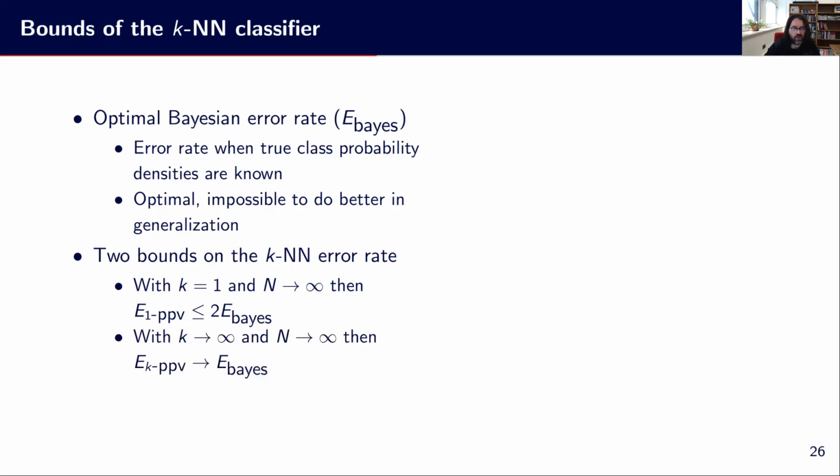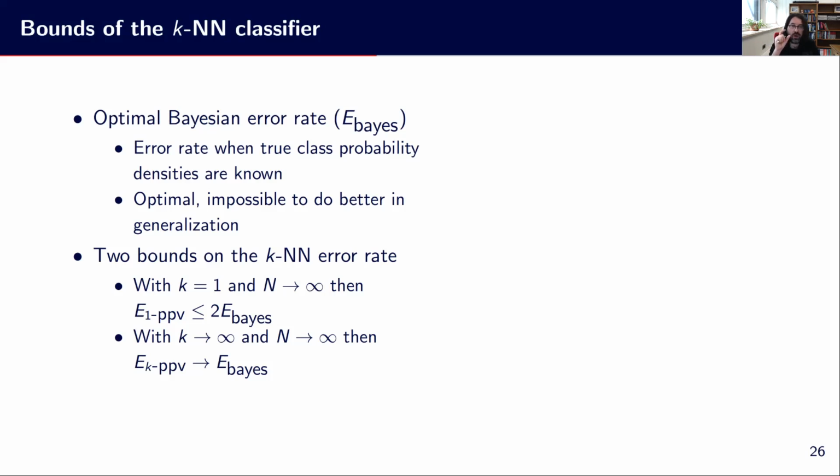Second, with a number of neighbors that tends toward infinity, so with many neighbors and a huge reference training set, we should specify that k is still much smaller than n. So we have far fewer neighbors than samples, but still a lot of neighbors and a super large data set.